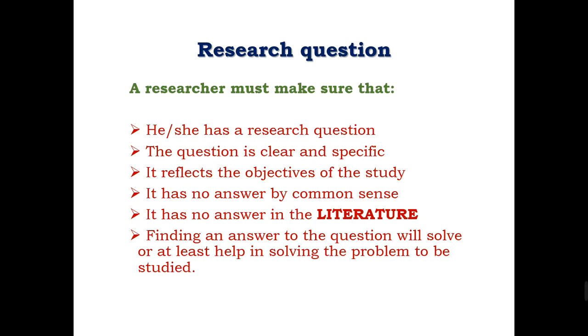That means no one should be able to find the answer to your research problem very simply, without doing any experimentation. It has no answer in the literature. Finding an answer to the question will solve, or at least help in solving, the problem to be studied. You have to find an answer to the question, and that answer should not be there in the literature. Then only you can start moving to the research.